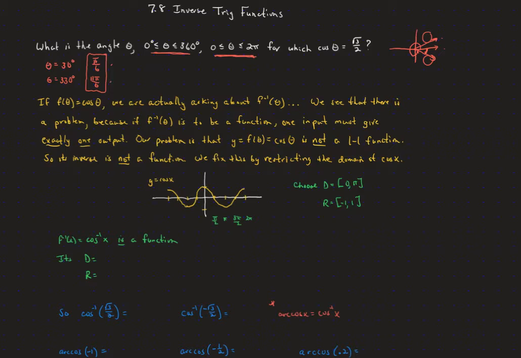If we didn't have the restriction from 0 to 2 pi, there would be an infinite number of angles, because we could keep going around the circle as many times as we want and end up at one of those places. So there are lots of angles whose cosine is square root of 3 over 2.